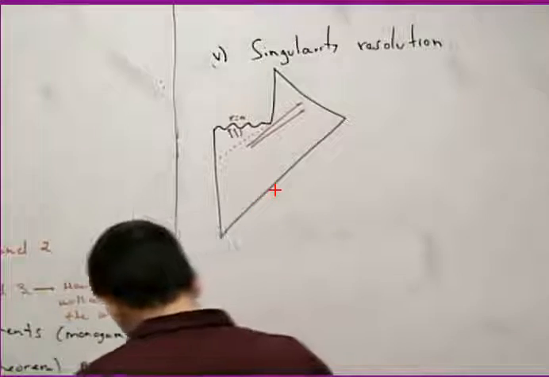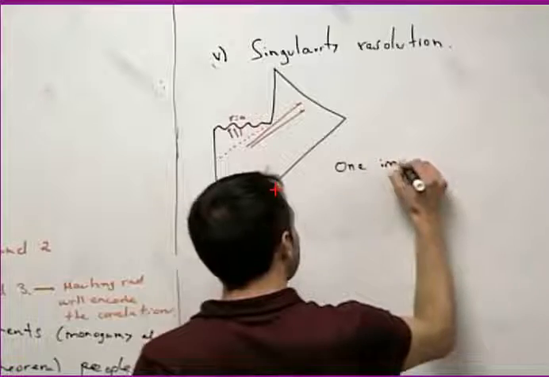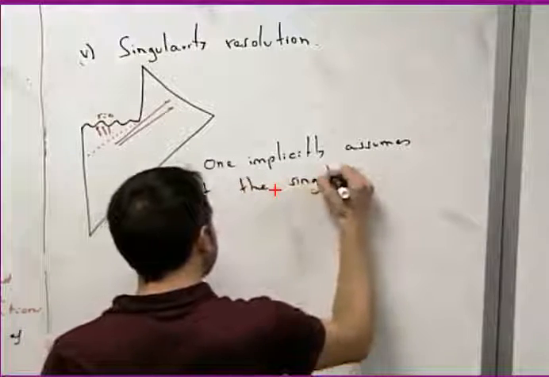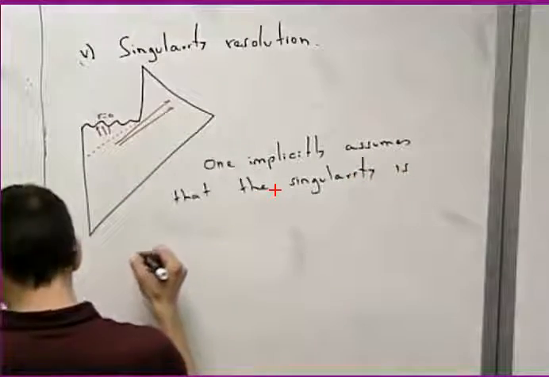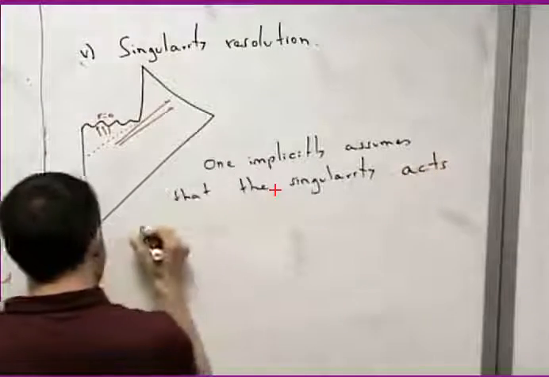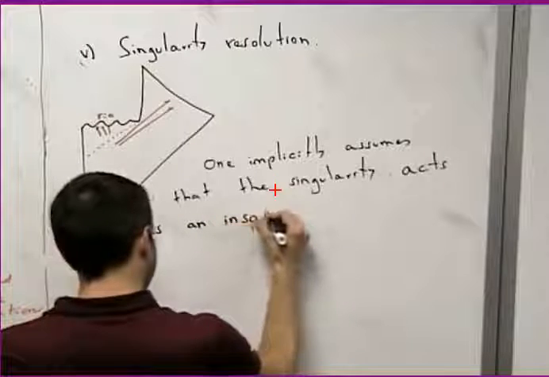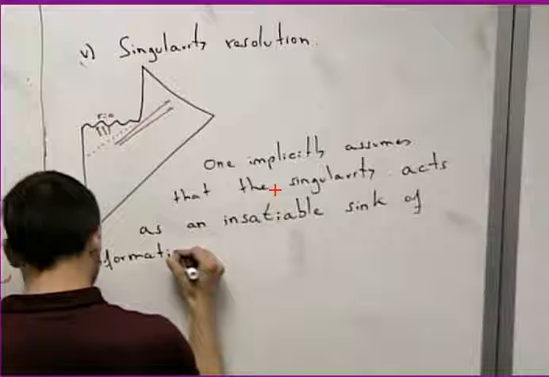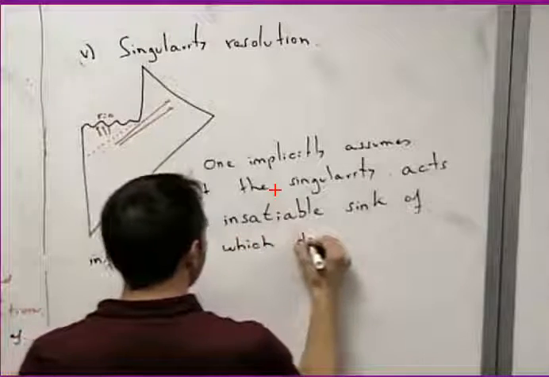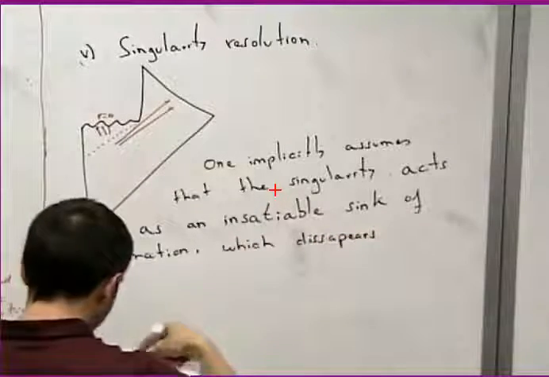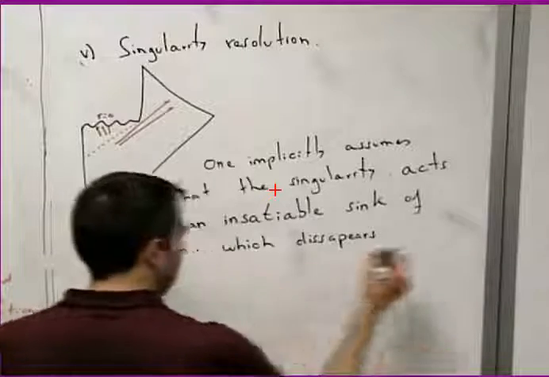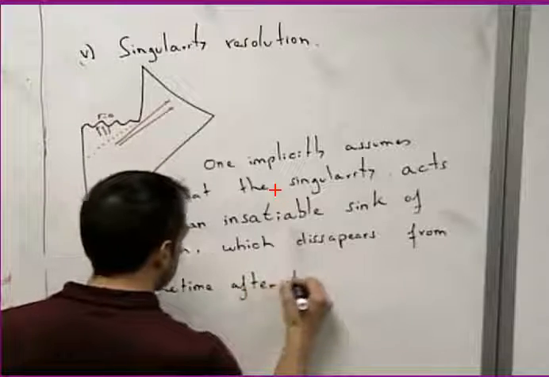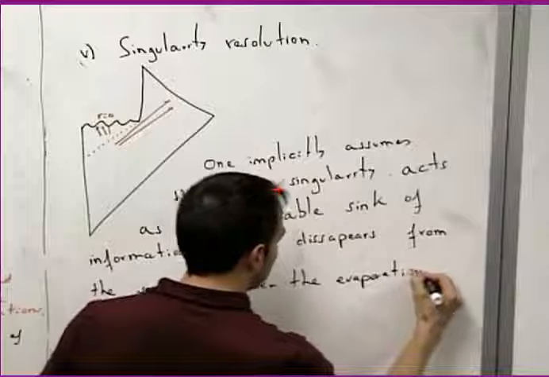So just let me write it, because this is what it is. One implicitly assumes that the singularity acts as an unsaturable sink of information, which disappears from the space-time after the evaporation, leaving no trace.